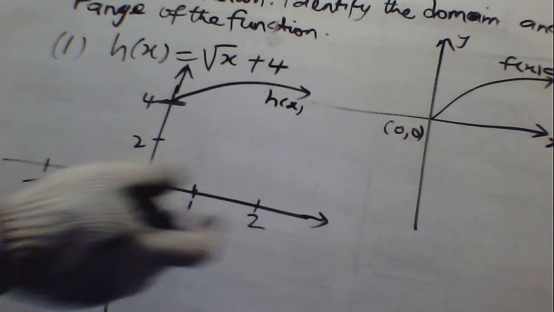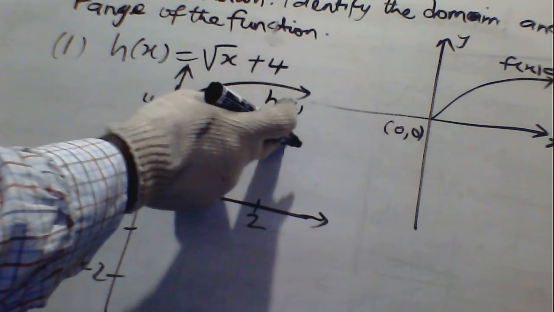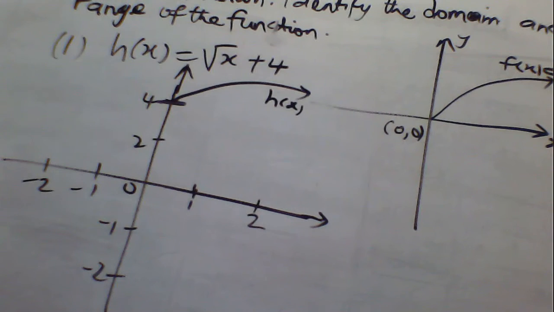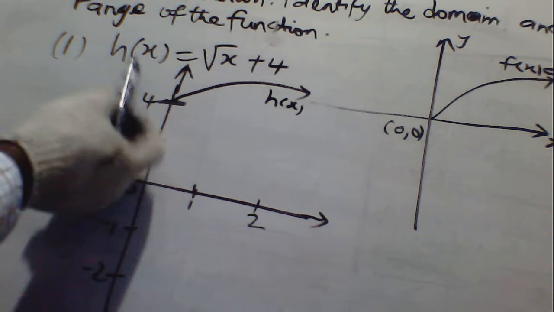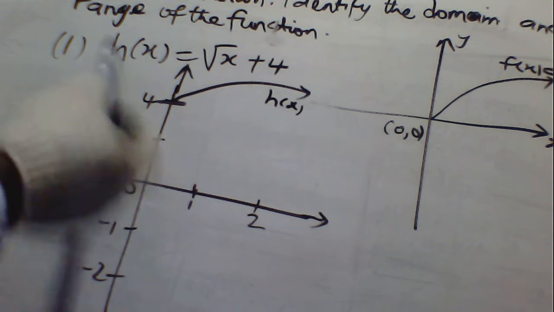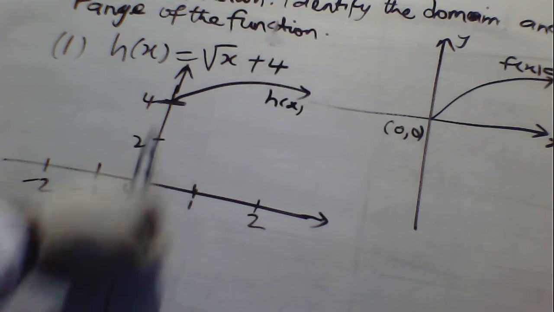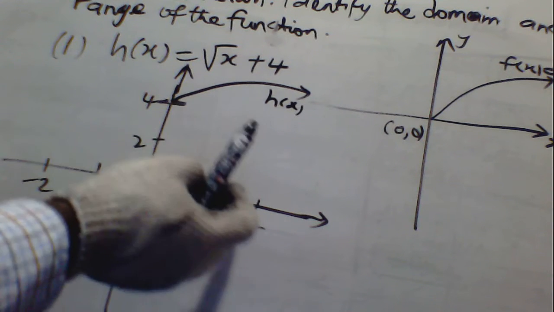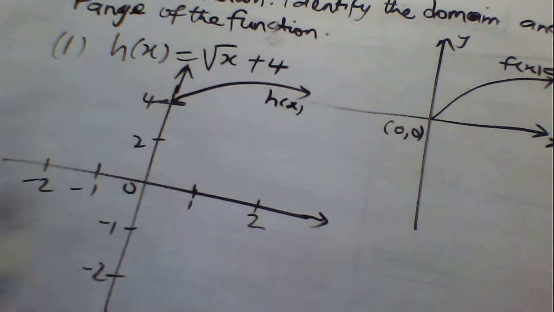So we know from 0, 0, if h of x is equal to the square root of x, it will start here. But because we have learned how to describe and transform a given function, we know that the graph of h of x is a vertical translation by 4 units of the parent's graph f of x.